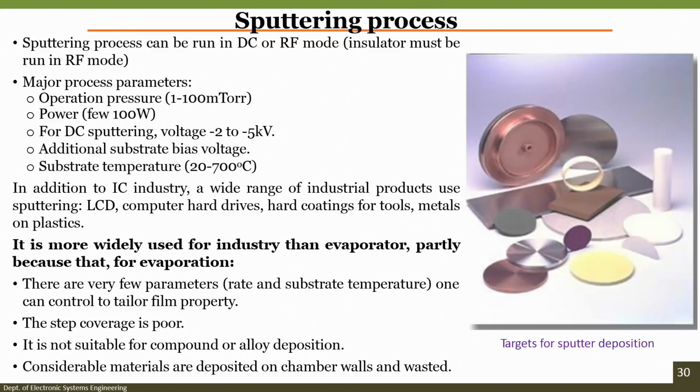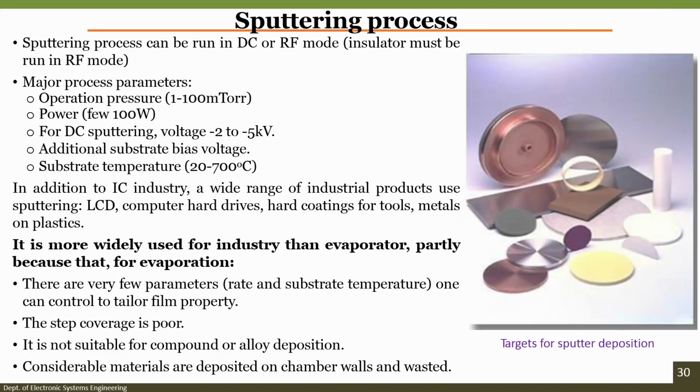Now, these are some of the targets used for sputter deposition, and the major operating parameters, as you already know, would be operating pressure, power, DC sputtering voltage, substrate bias, and substrate temperature.